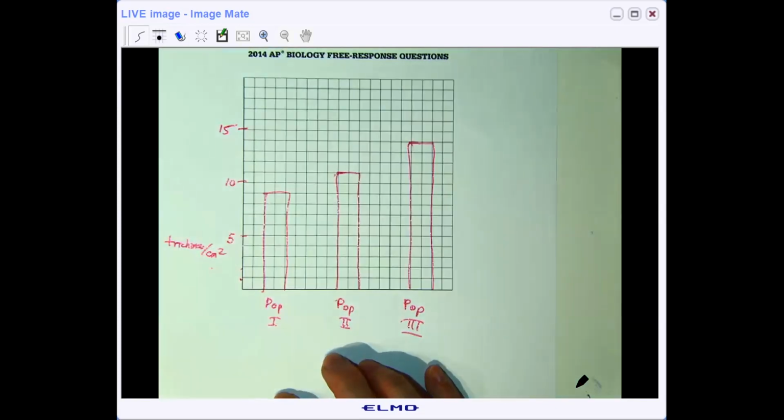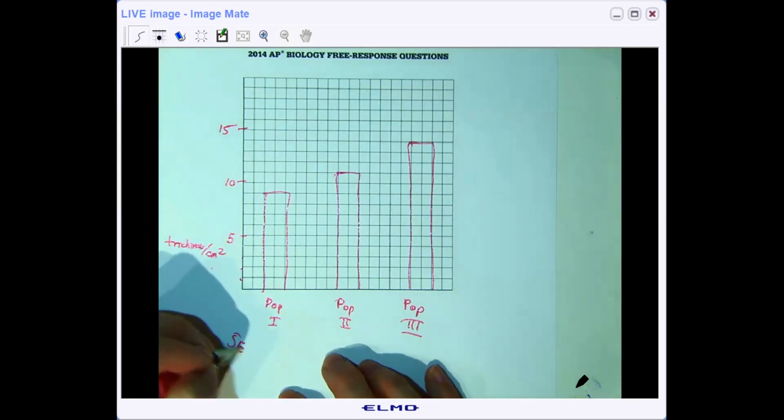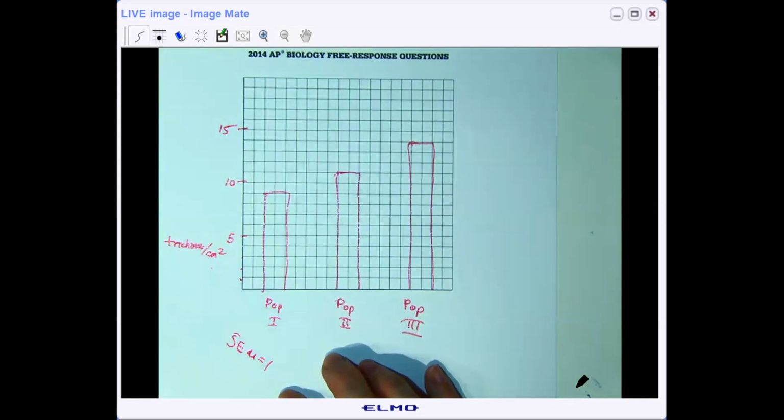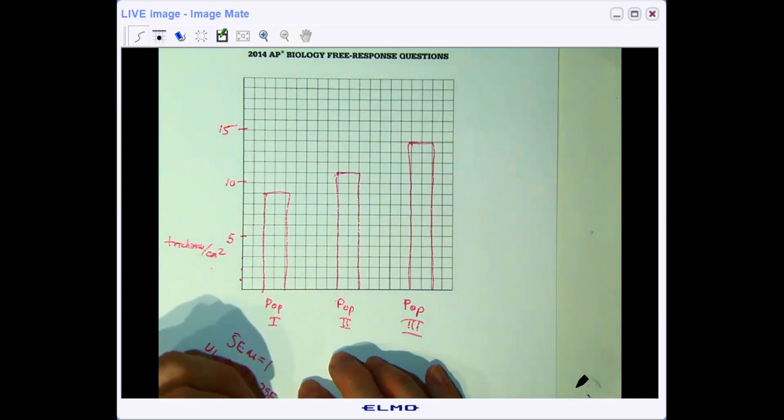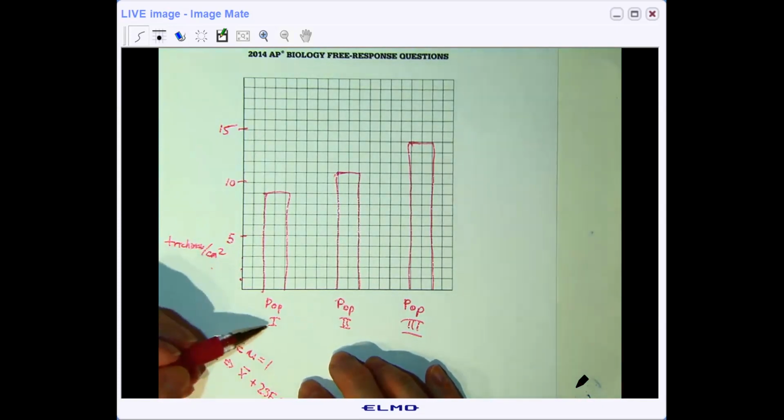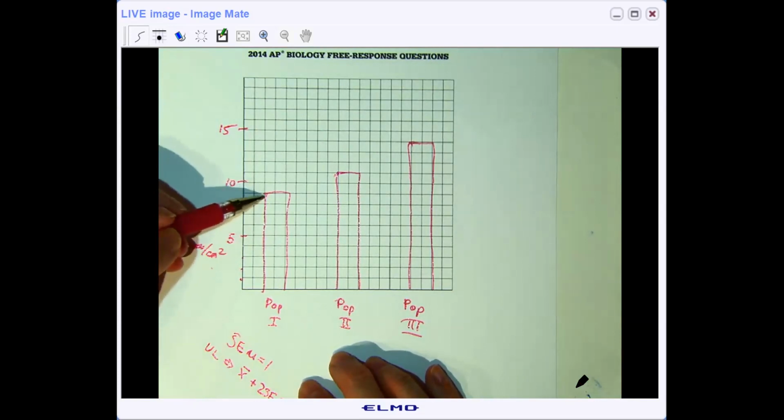Okay, so we have our means, but now we need to put our 95% confidence intervals. And the standard error of the mean for all 3 was 1. And to get the upper limit of your 95% confidence interval, you start at your mean and you add 2 standard errors of the mean. So for population 1, our mean was 9.